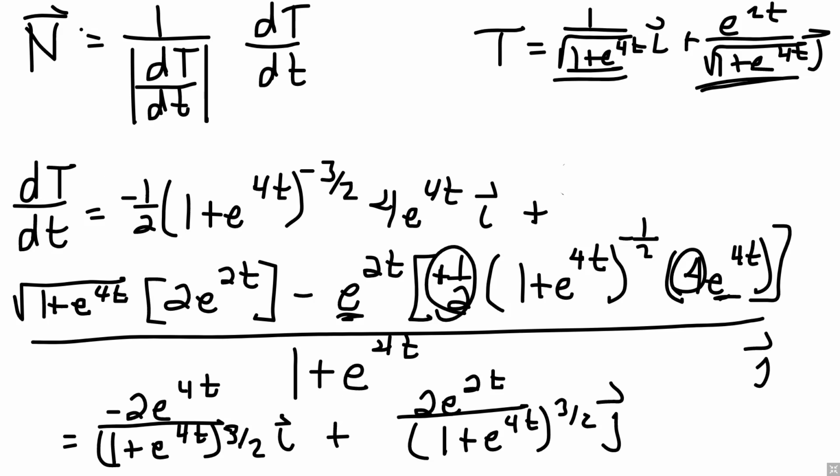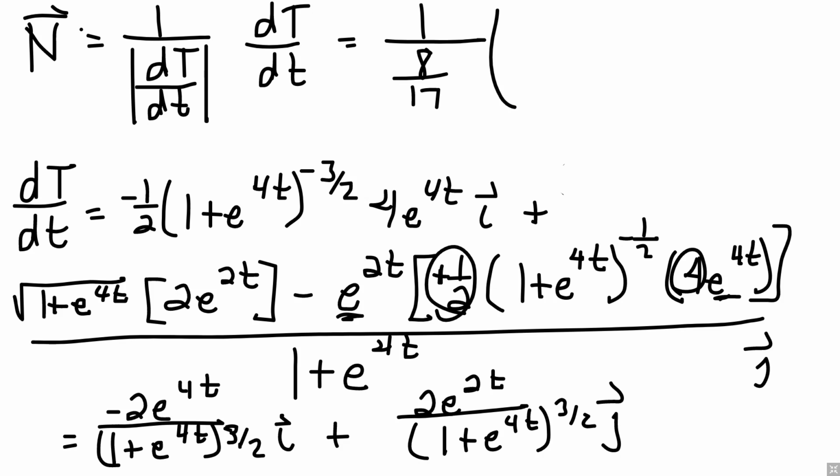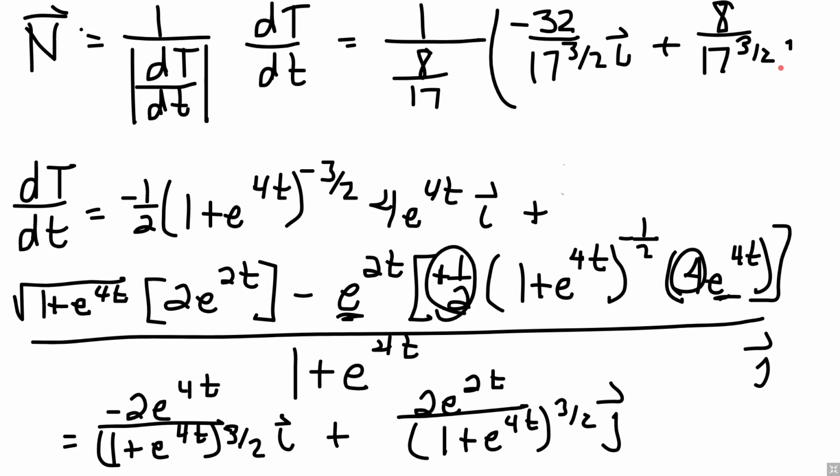So if we take a look at that, we're going to have 1 over the magnitude of dt, which was 8/17, and then we're going to multiply it by dt, which we found was negative 32 over 17 to the 3 halves in the i direction, plus 8 over 17 to the 3 halves in the j direction.